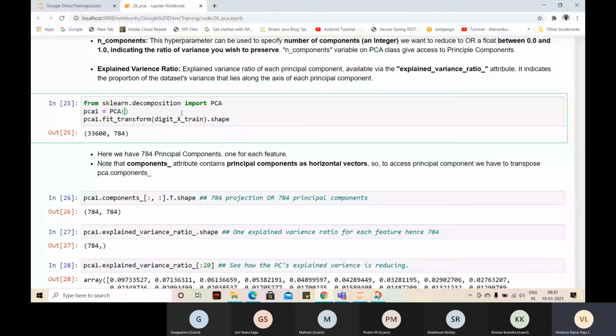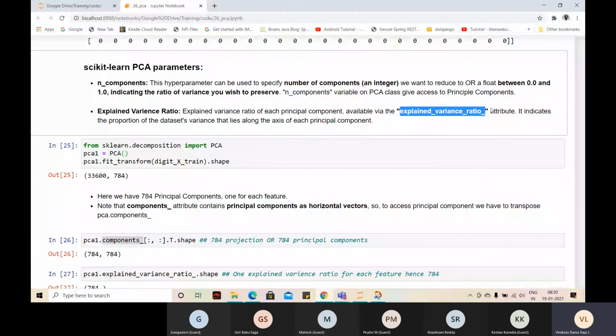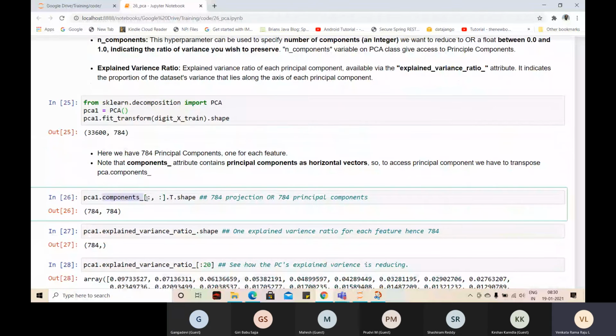The PCA components_ is one attribute, and explained_variance_ratio_ is another attribute. components_ will give you the eigenvectors, but a transposed version. The implementation is like that, so I am transposing it again and looking at the shape.